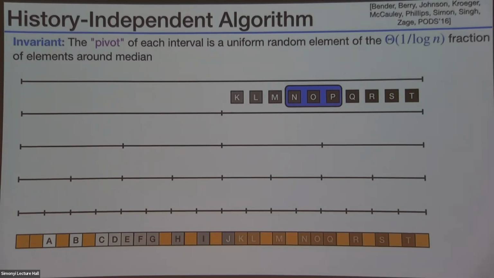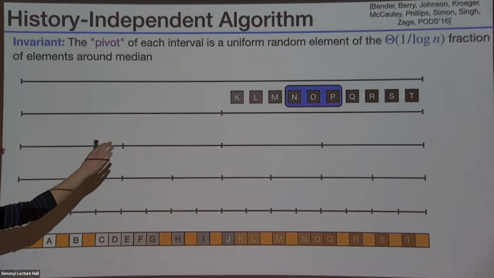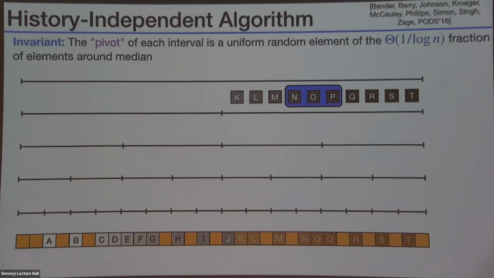I can do this because I have this special invariant, which says that the pivot is chosen uniformly from the candidate set. So without knowing any of the history, I can just tell you the distribution: look at all of the elements in the top interval, look at the pivot candidate set, pick one randomly, go to the next and do that recursively, always picking one randomly. And that gives you the distribution of where the elements are.